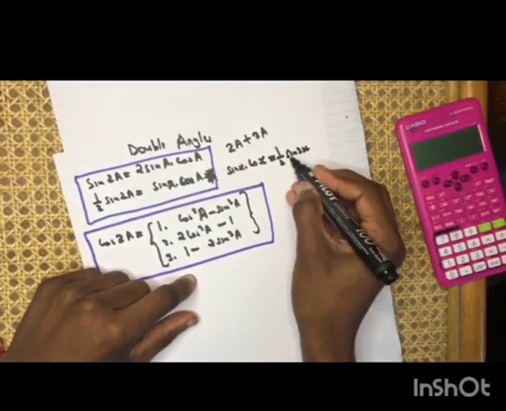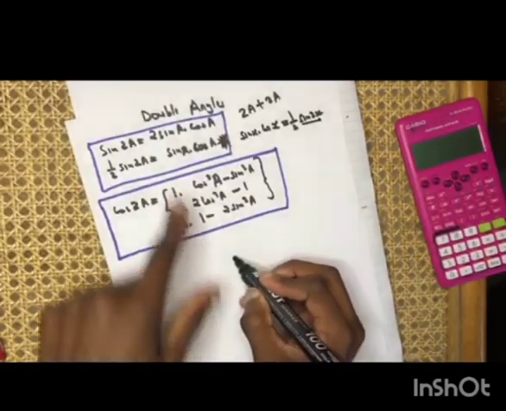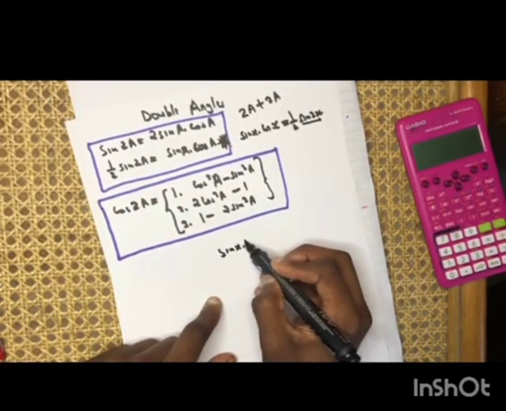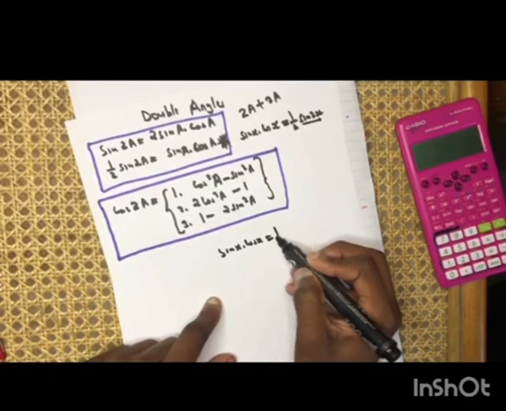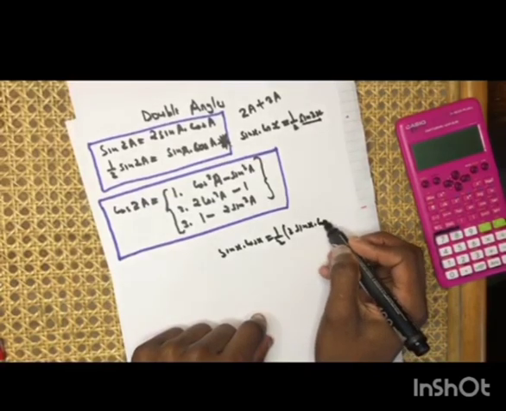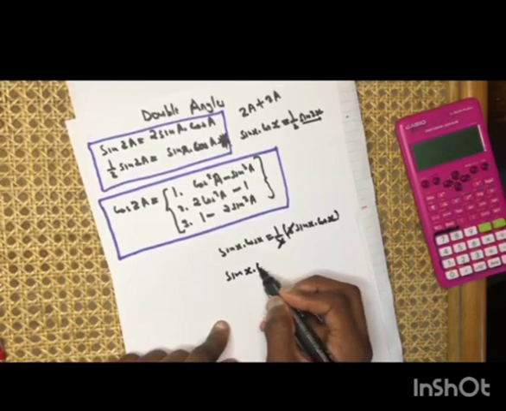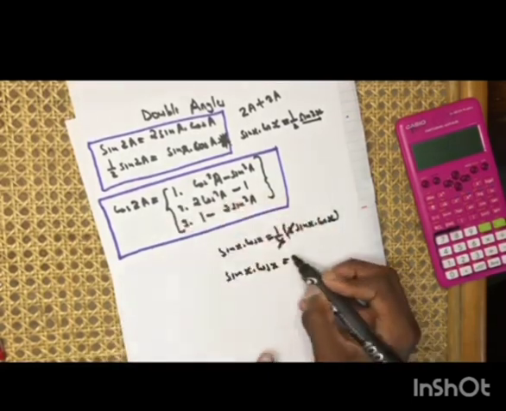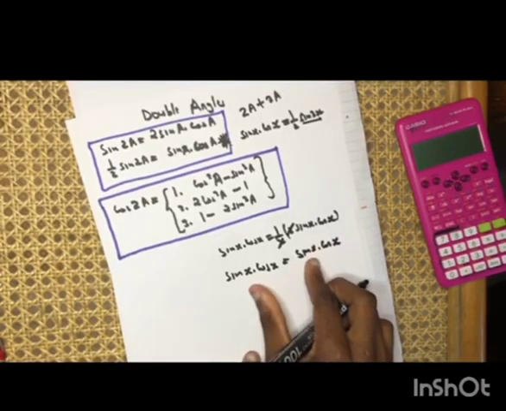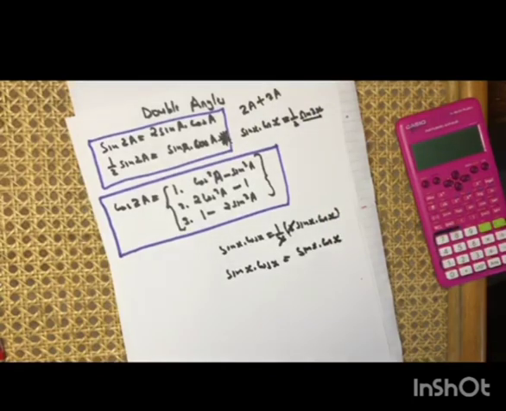If I expand this, because we said this one is the double angle, so if I say sine x cos x is equal to 1 over 2, then we change this one to be 2 sine x cos x. Can you see this 2 will cancel out? Now on the left hand side we have sine x cos x. So the same applies on the right hand side. We still have sine x cos x. So hence I say that sine x times cos x is equal to half of sine 2x.